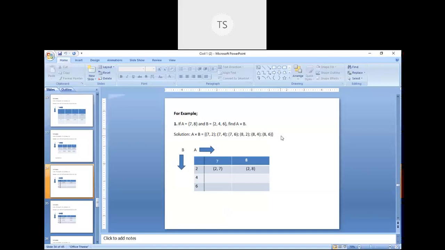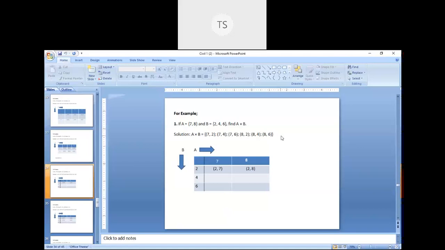So now he has combined 2 and 7. So he has 2 7, then 2 8. Next, what he will write? See? So the first row is done. Next come to the second row. So for the second row, what is our element? It is 4.